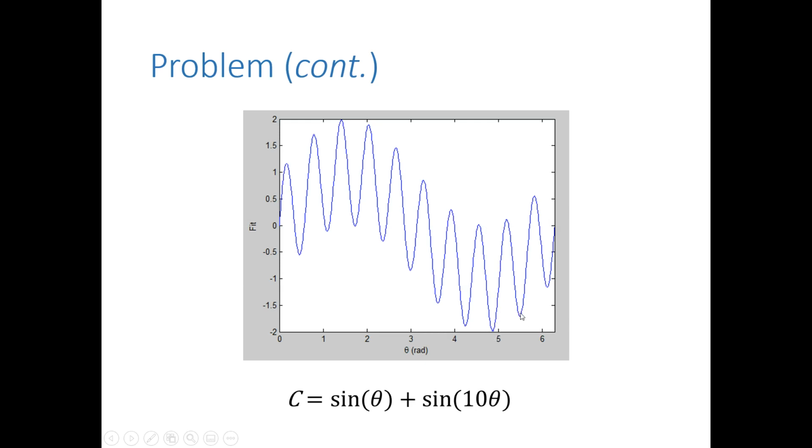But in practical problems, due to the multidimensional nature of the equations and the problems, you won't be able to visualize it as easily as this. But this is just a demonstration of the feasibility of the genetic algorithm.